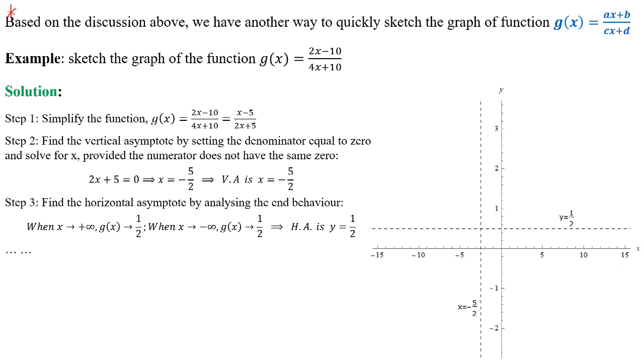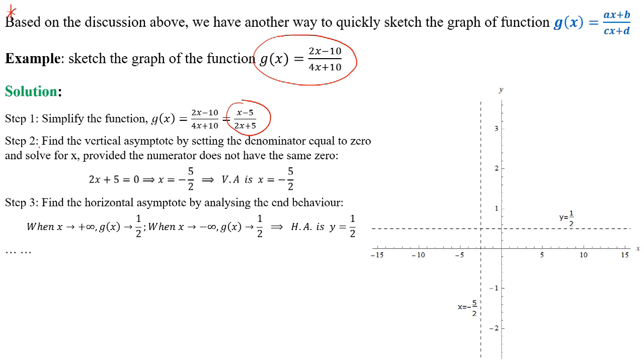So now let's use this function as an example. First of all, we need to simplify this function if possible, right? Apparently, g(x) can be simplified to (x - 5) / (2x + 5) by dividing both by 2, right? If you cancel a 2 from both the numerator and denominator, you will get this simplified form.